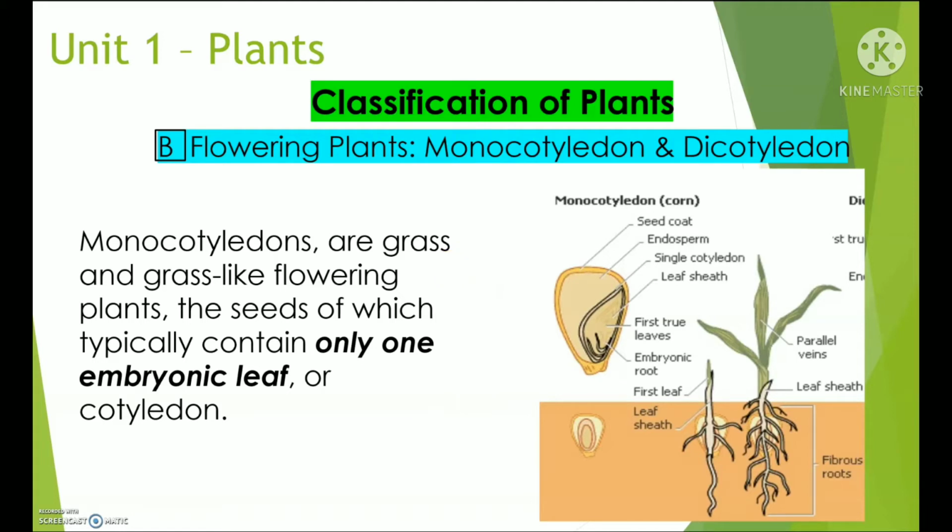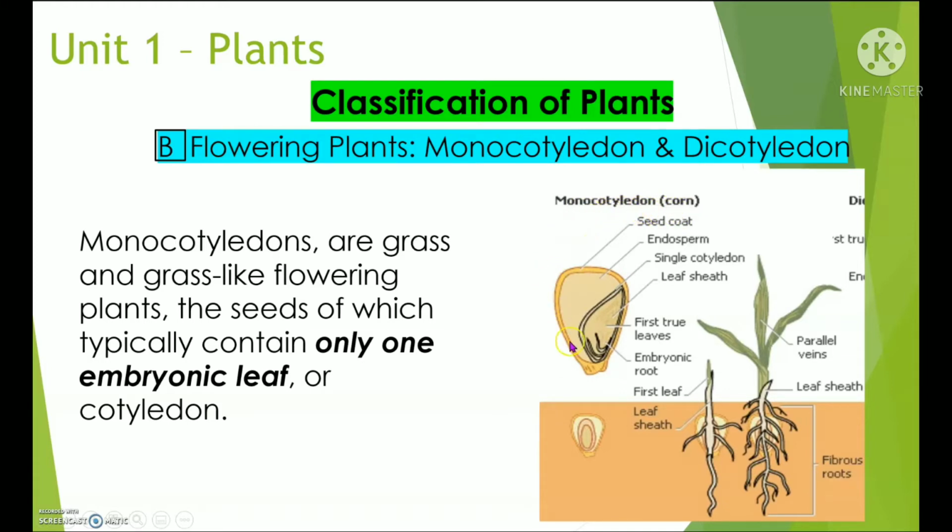Are grass and grass-like flowering plants the seeds of which typically contain only one embryonic leaf or cotyledon? Very good.